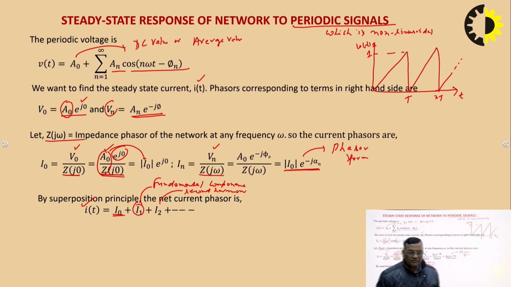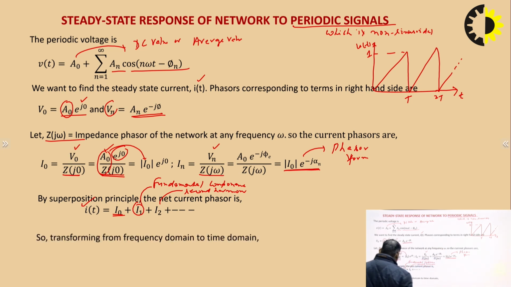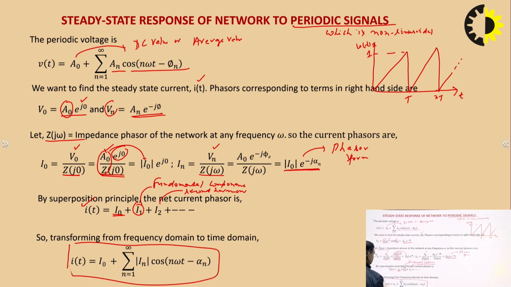It is the summation of all the current components, written in this form: the DC value plus the sum for n from 1 to infinity. So this is the steady state current of the network or system if the input is non-sinusoidal periodic. The main idea is to use the phasor approach to find the steady state current.